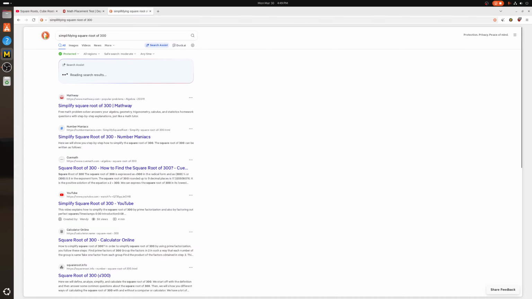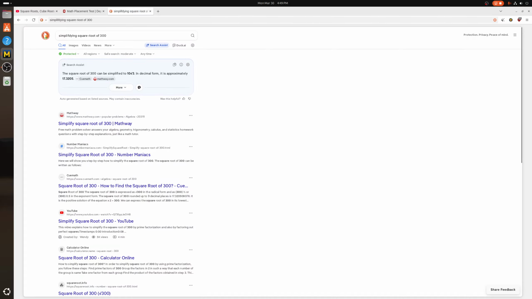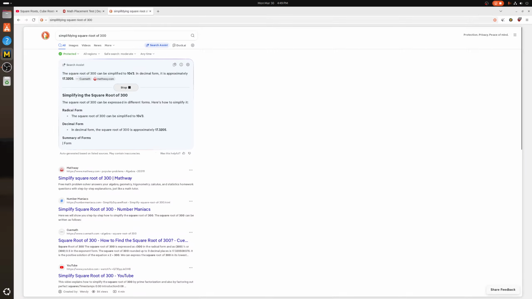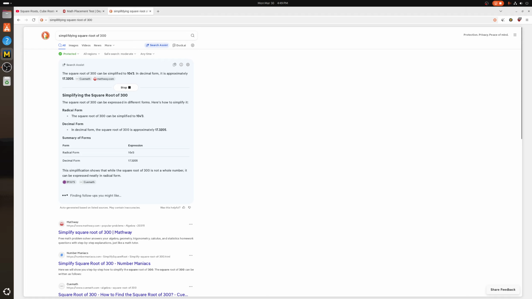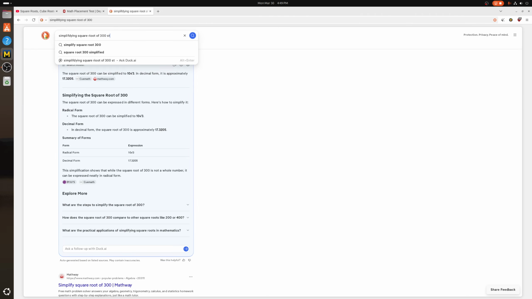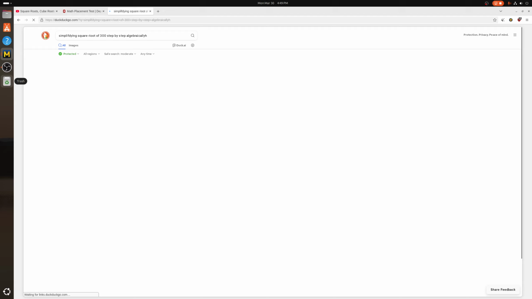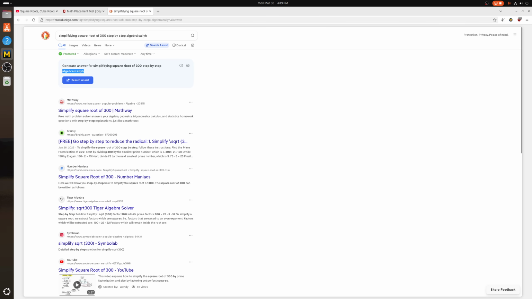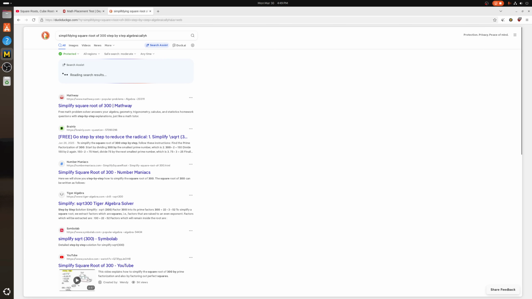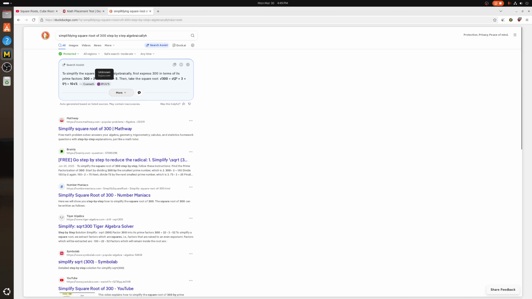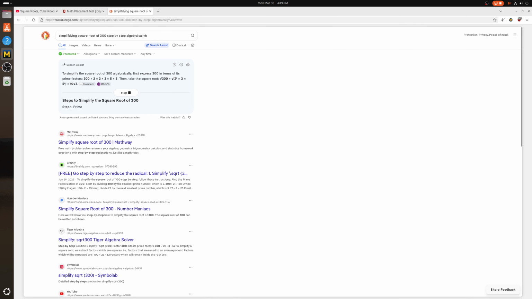Let's see if search assist will have any effect here. Okay. Alright, let's ask Duck AI here. Simplify the square root of 300 algebraically.